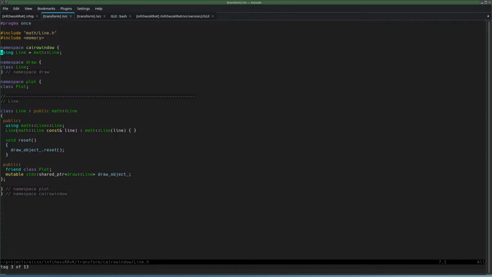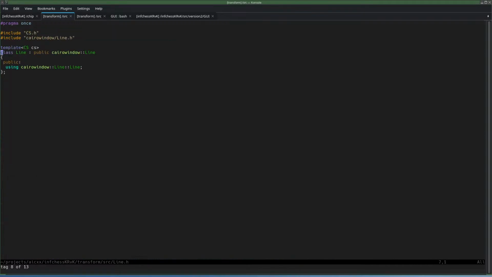Just print the math line here. Just prefix it with the coordinate system. Should be enough.